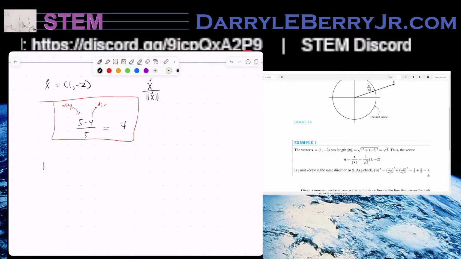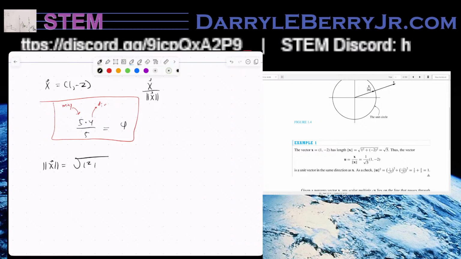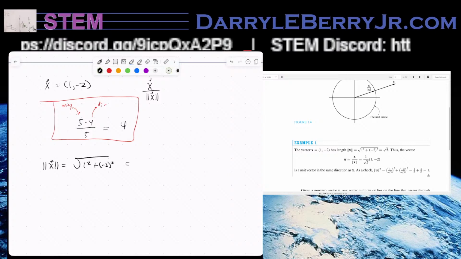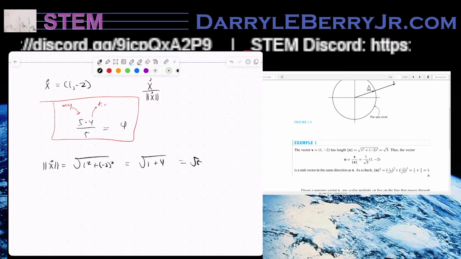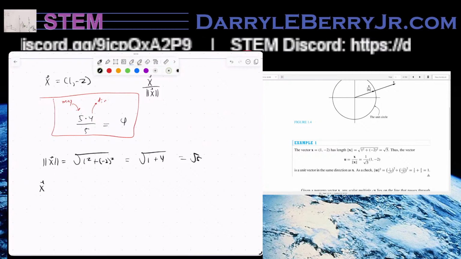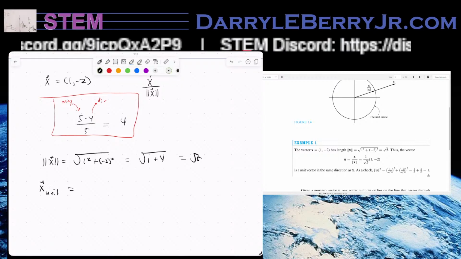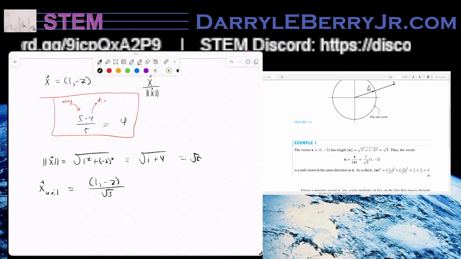So the magnitude of x equals the square root of 1 squared plus -2 squared, equals the square root of 1 plus 4, equals the square root of 5. So that means the unit vector equals 1, -2 over the square root of 5.